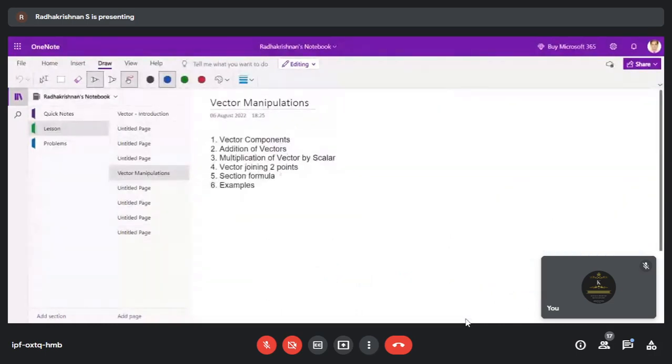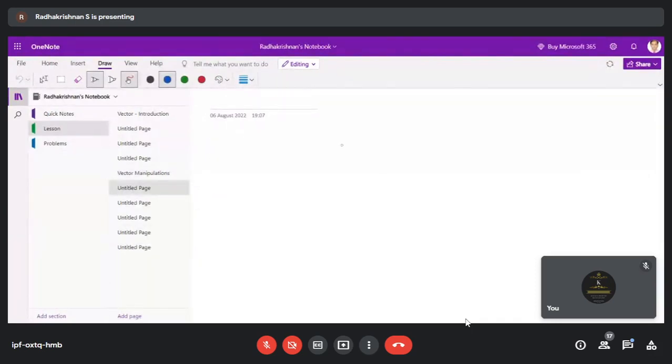So then this is the section formula. Suppose two position vectors are given. Let's say one is a1 into i cap plus a2 j cap plus a3 into k cap vector.